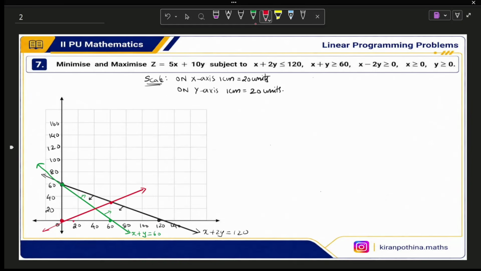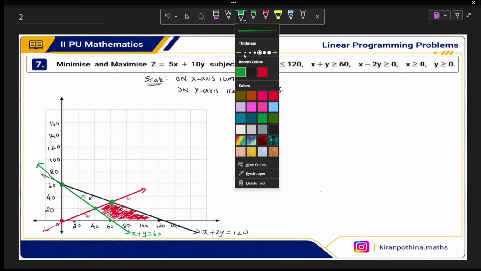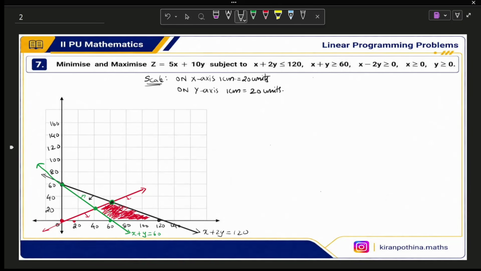Observe this. Below the line we have taken 10 comma 0 as checkpoint. We got true. True means towards this side. Now observe which area we are getting in all three regions. So this is the area we are getting in all three regions, right? So this is our common region. This is the first corner point, this is the second corner point, this is the third corner point and this is the fourth corner point.